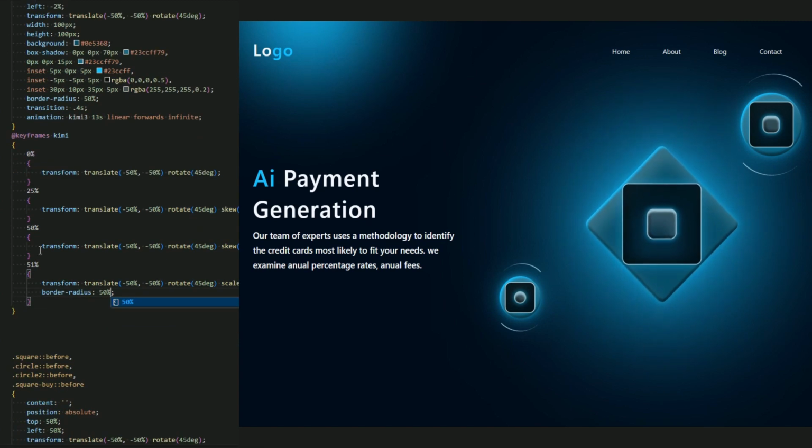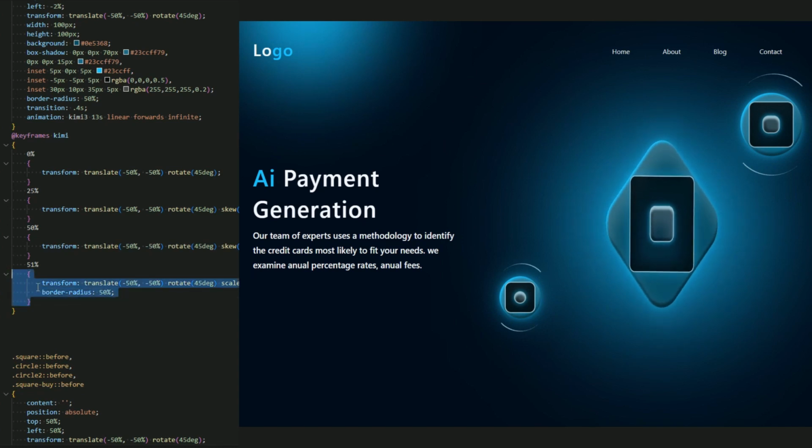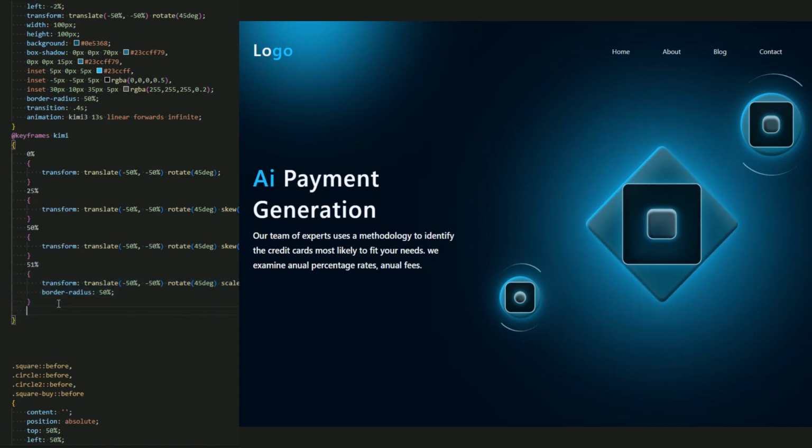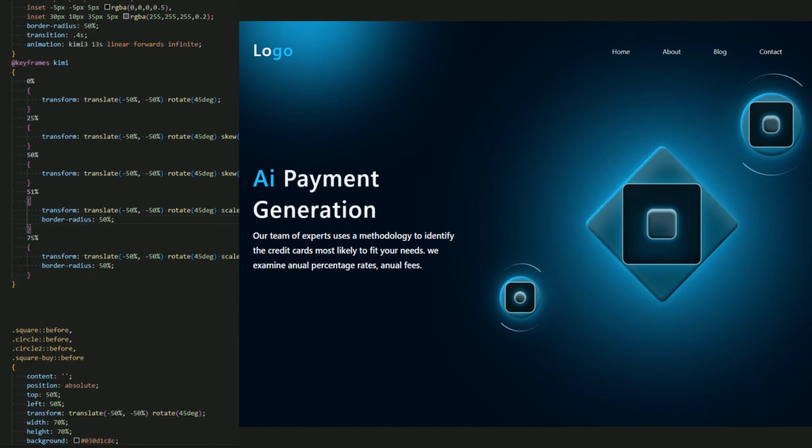Okay, now let me add a 75%. Now just remove skew and the scale, and this be a normal border radius be a 15 pixel to become back of the square. And in 90%, copy this and paste it.